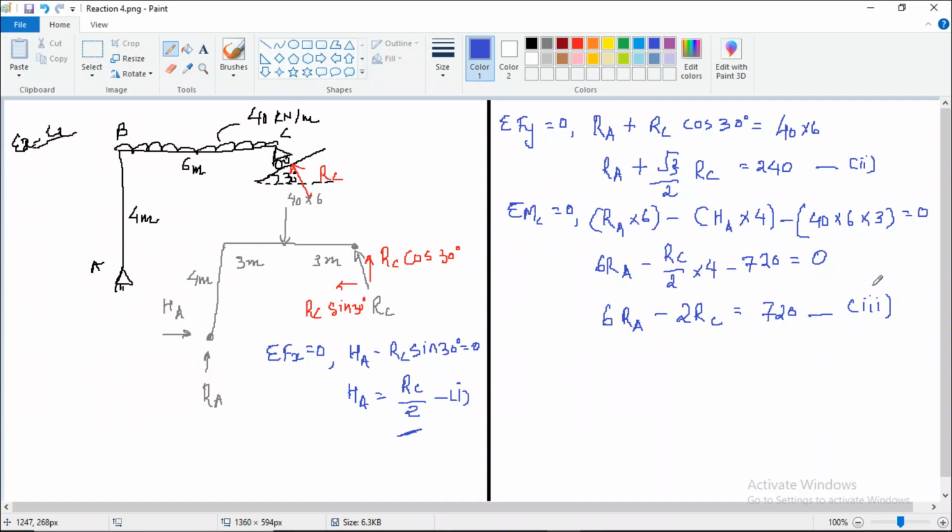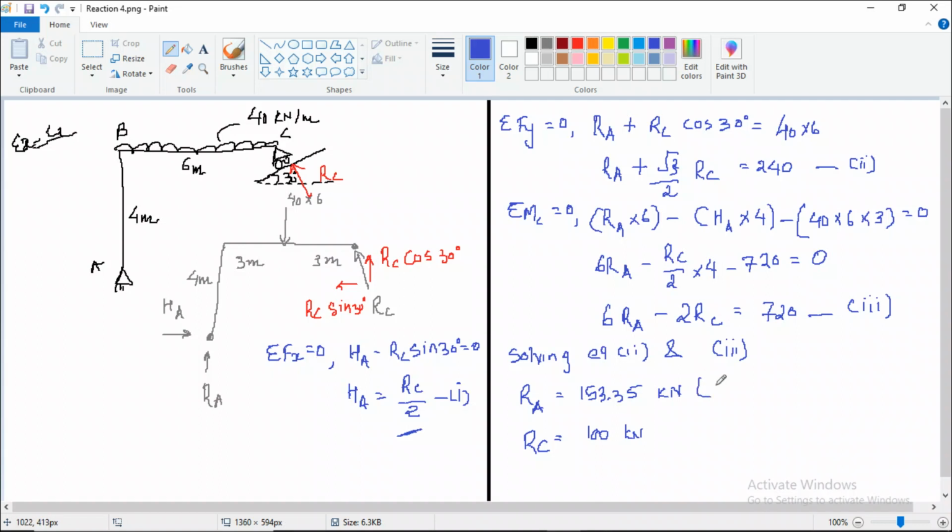So if we solve equation number 2 and equation number 3, we will get the value of RA as 153.35, then we will get RC as 100 kilonewton.